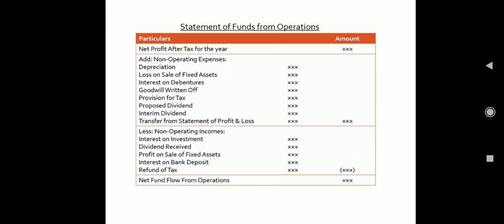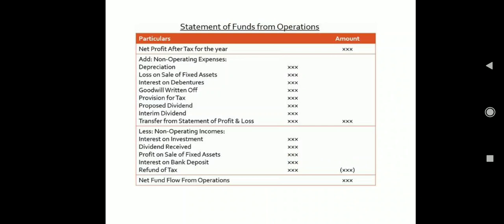Now to that net profit, we are going to add back, and that's why we say this method is an add back method. We are going to add back the items which are in the nature of non-cash, that means in actual terms you are not doing that transaction in cash, you are just showing it in your books.